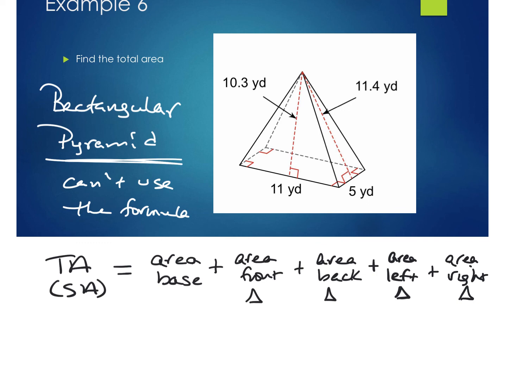Now keep in mind the left and the right are the same triangle, and so are the front and the back. So once you find one of them, you could just times it by 2.